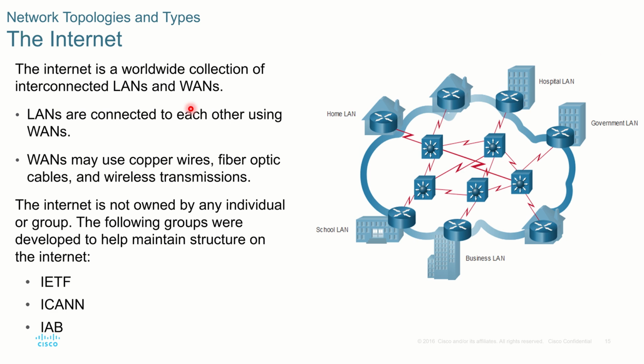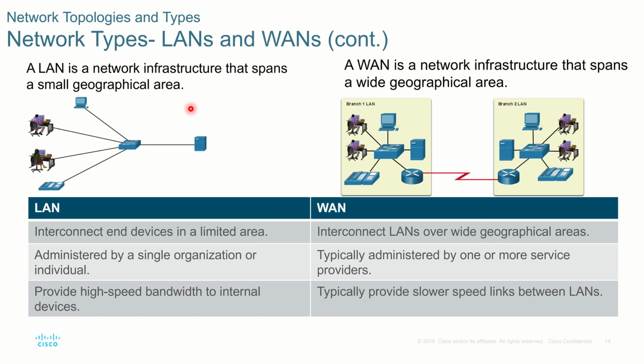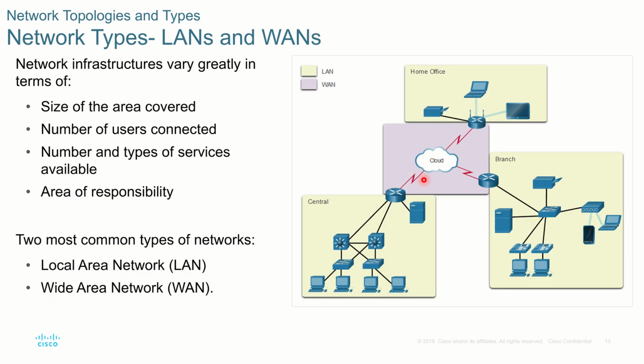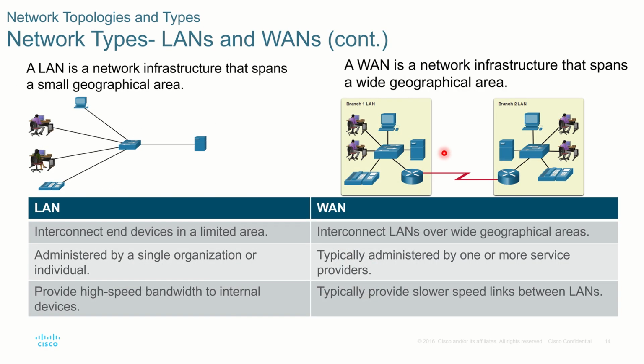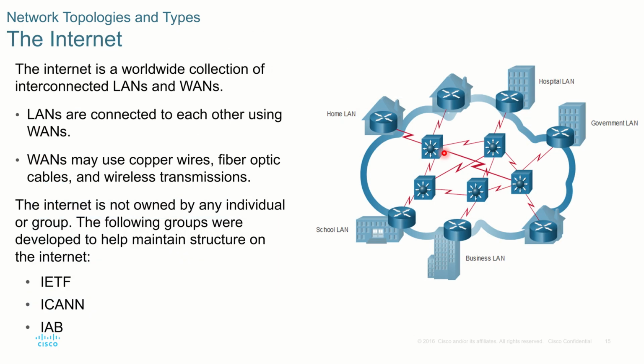So next, in the previous diagram, I showed you that the WAN is represented by the cloud, but the cloud that I'm talking about here is not the cloud provider, but the internet, which is managed by the ISP. So the internet is a worldwide collection of interconnected LANs and WANs.